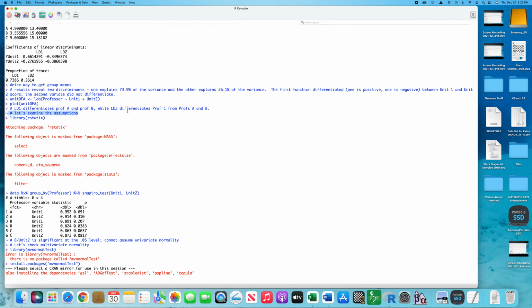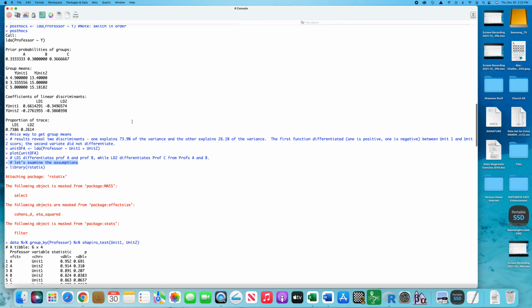I will say just to keep it simple that describing the proportion of variance in each discriminant function, function 1, function 2, and examining the difference in these scores, if one is positive, one is negative, it tells us something.